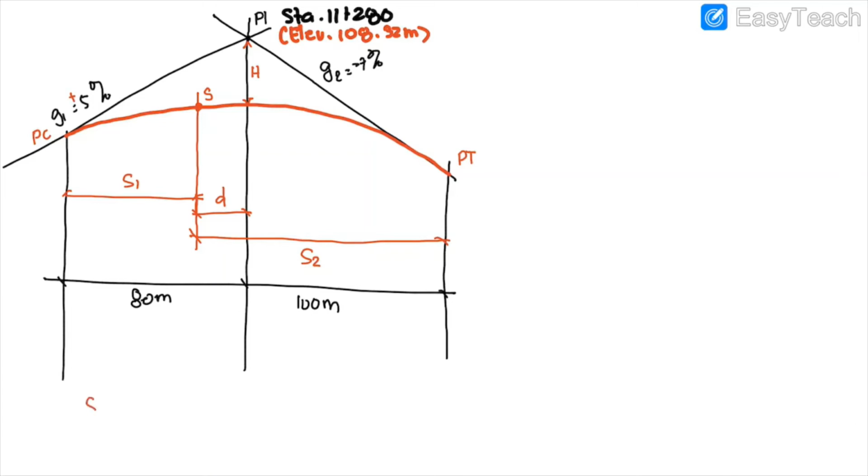Okay, for us to solve the summit as S1, that is basically G1 L1 squared over 2H. For us to do that, we need first to solve for H. H is basically equal to L1 L2 times A, or the difference in subgrade, all over 2L1 plus 2L2.